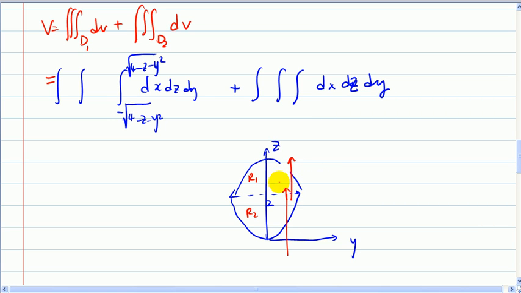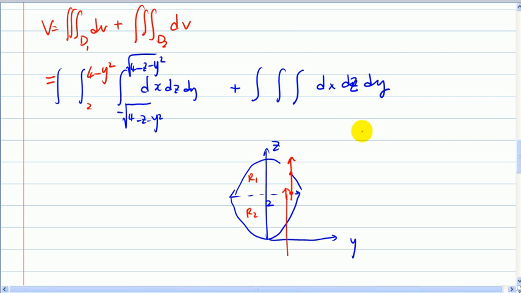For R1 here, your z value, the first contact is here, which is 2, the z min, and the second contact is the max here, and that's basically your z max. If we project that into the xz plane, this is the 4 minus y squared over here.